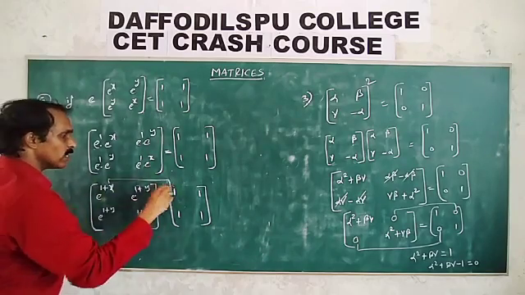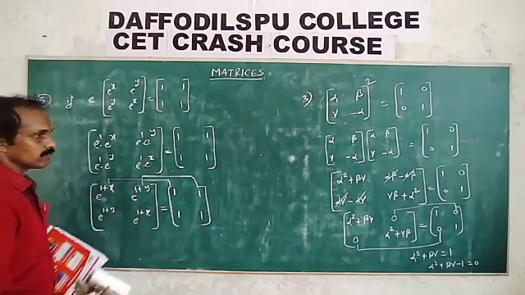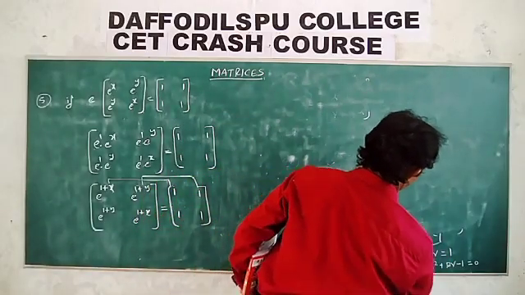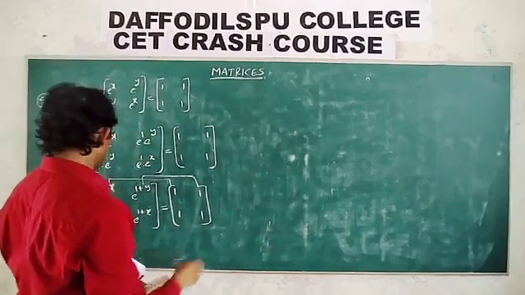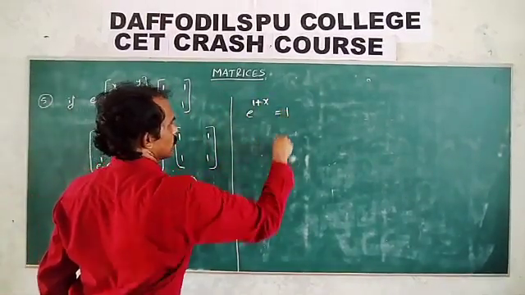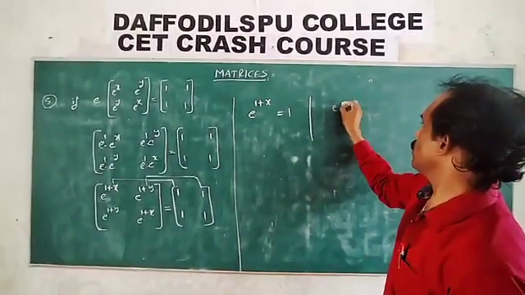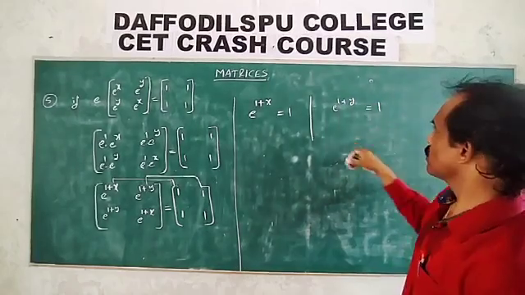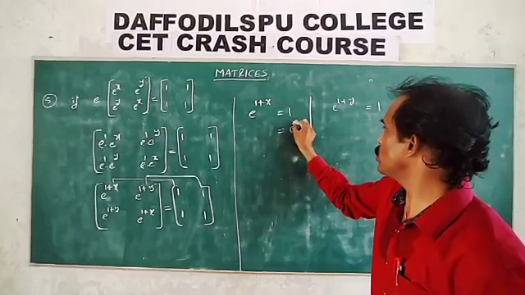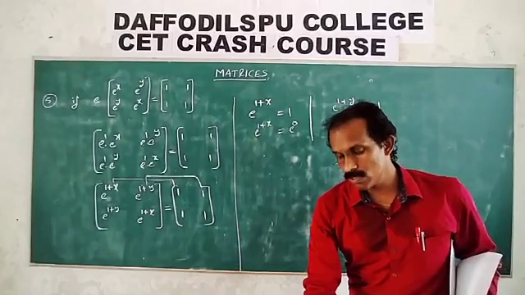Consider any one element out of 1 and 4, or 2 and 3. e power 1 plus x is equal to 1, and e power 1 plus y is equal to 1. How can you write 1 in terms of base e? Something power 0 is equal to 1.